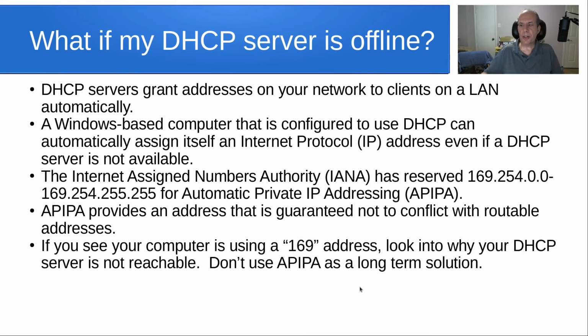So if you see your computer is using a 169 address, look into why your DHCP server is not reachable. My strong advice is don't use APIPA as a long-term solution. The auto configuration address is just a way of getting you on the network as a temporary workaround, but don't use it as a production thing.